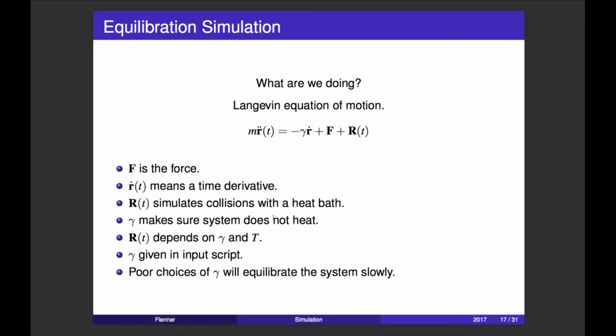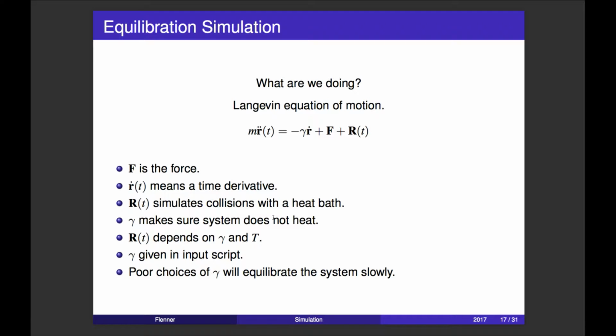So this gamma, this is gamma ln, was given in the input script. And this is related to how quickly you damp the velocities. If you make poor choices and don't damp the velocities very quickly, it will not equilibrate. If you damp them very quickly, then it also takes a long time to equilibrate.